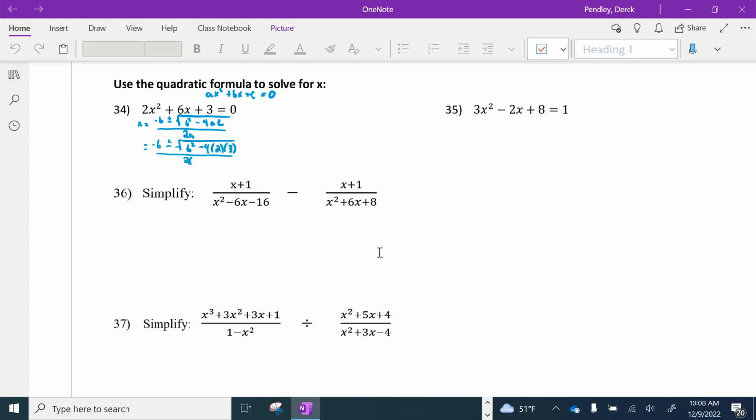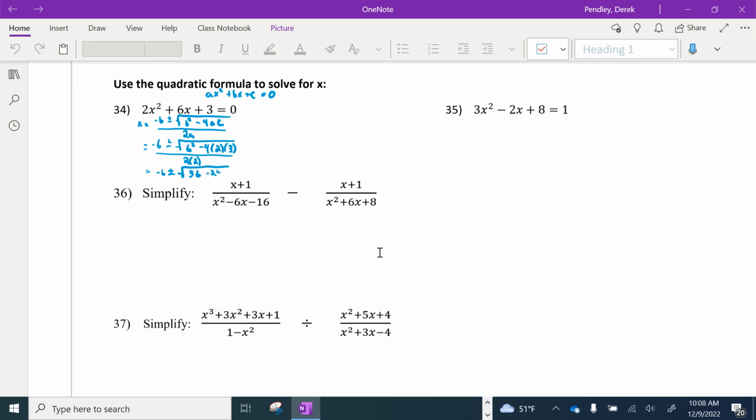So I have negative 6 plus or minus the square root of 36, and then we have 4 times 2 times 3, which gives me 24, divided by 4.